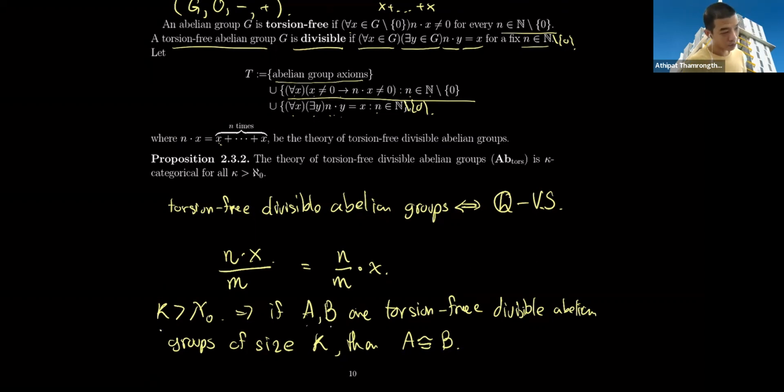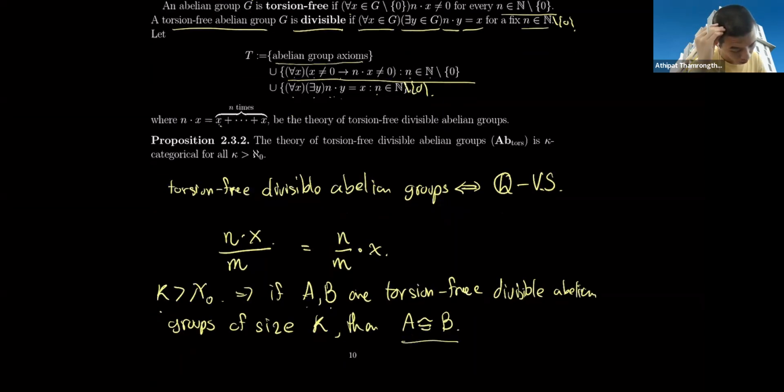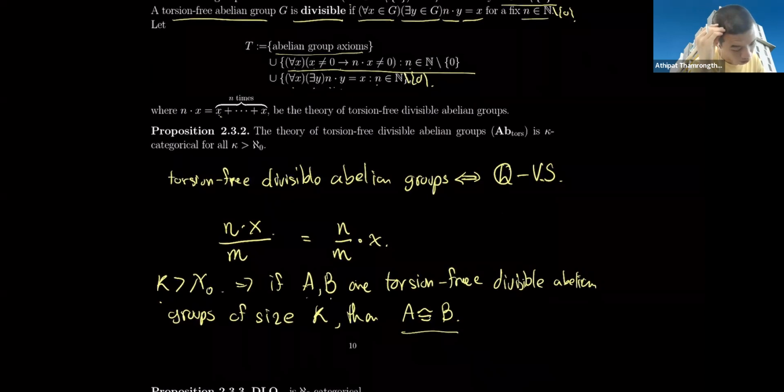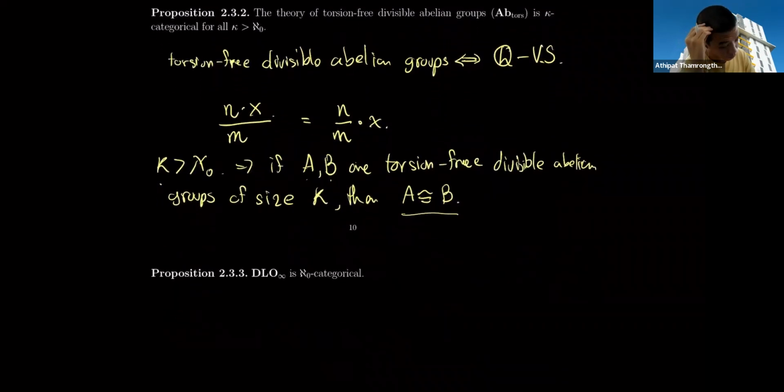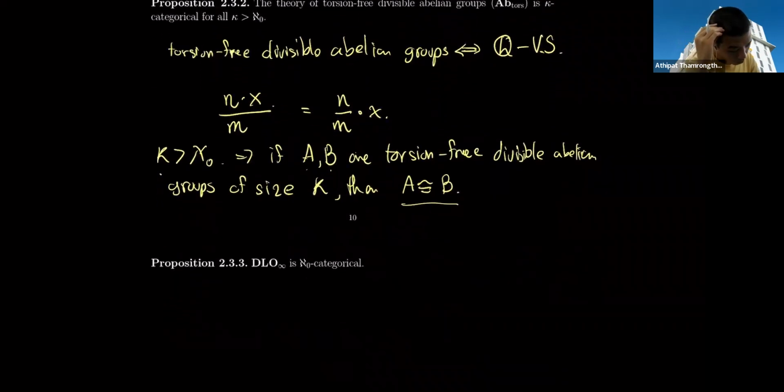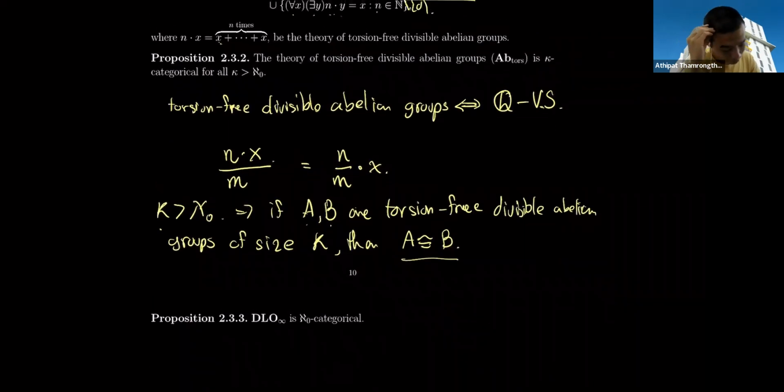So you can construct a one-to-one correspondence between those two bases and then construct an isomorphism from A to B. Okay, that's how we can show that these torsion-free divisible abelian groups are kappa categorical. And, let me go a little bit quickly here.